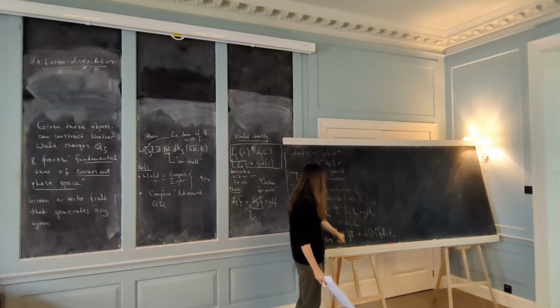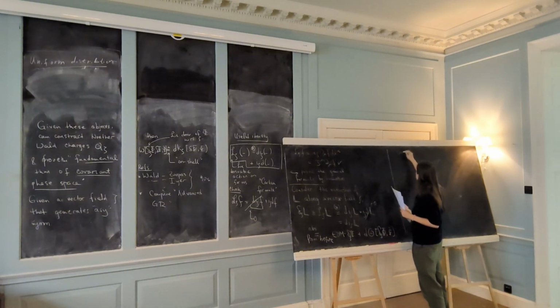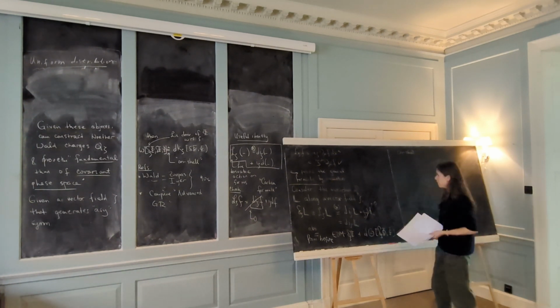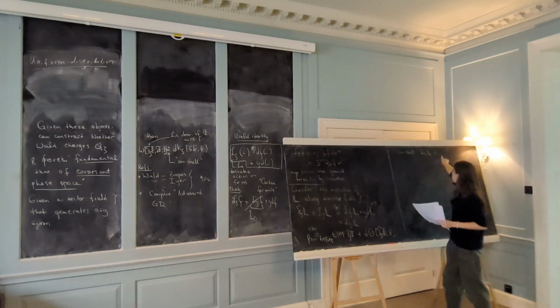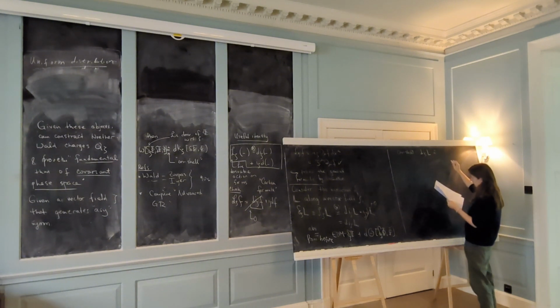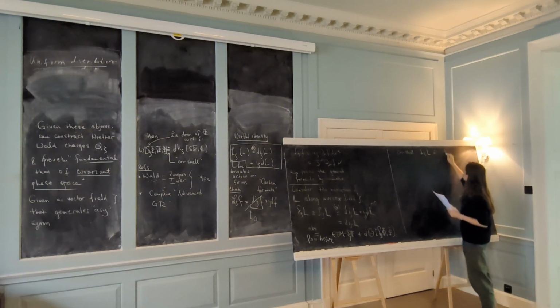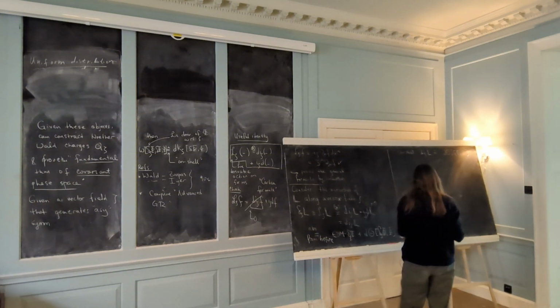In particular, on shell, we have an identity, namely that the interior product with zeta of L is equal, on shell, to d theta of delta zeta phi.